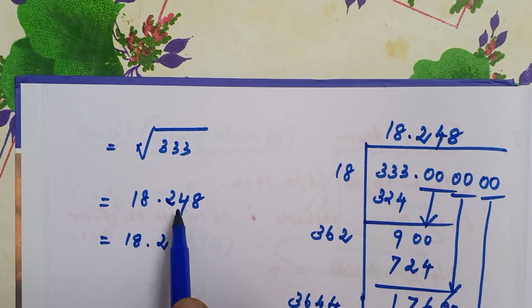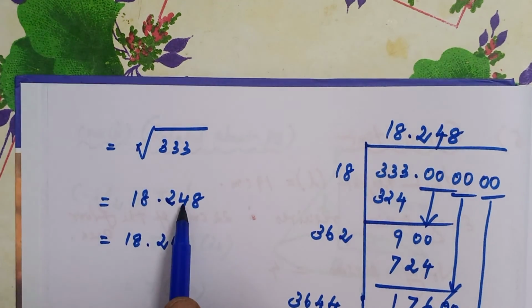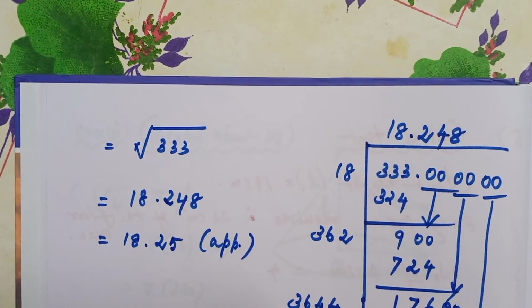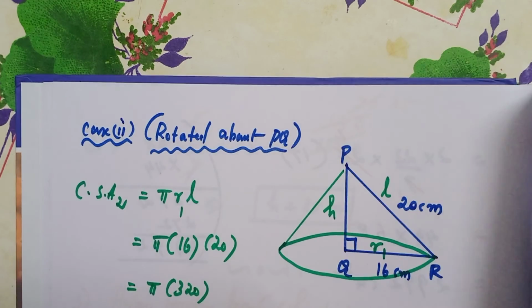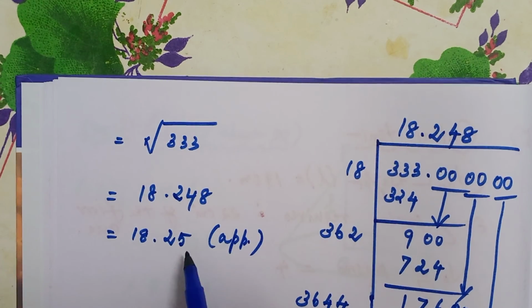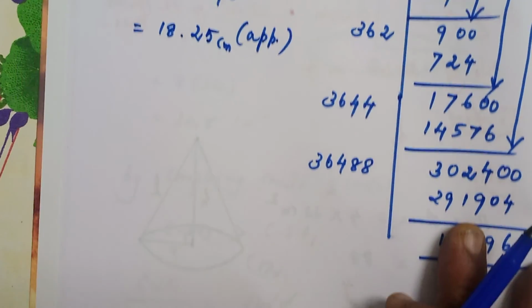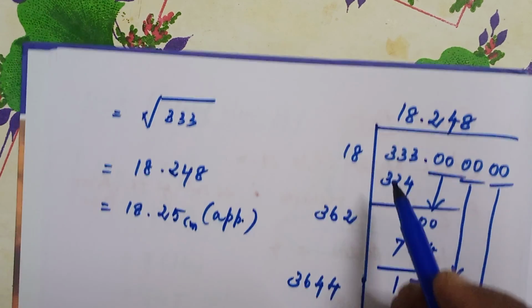So you can add 4 with 1. 1 with 4, that is equal to 5. 2 4 becomes 2 5. You just write approximately. So what is that? h value, the unit is centimeter. 18.25 centimeters.